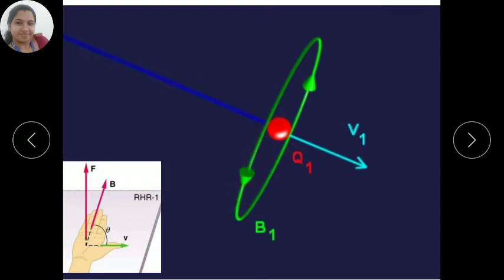So we can define magnetic field as the field that exerts a magnetic force on a moving charge. Magnetic field exists at a point if a force is exerted on a moving charge at that point.